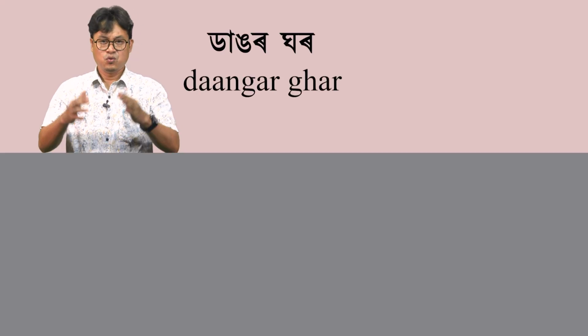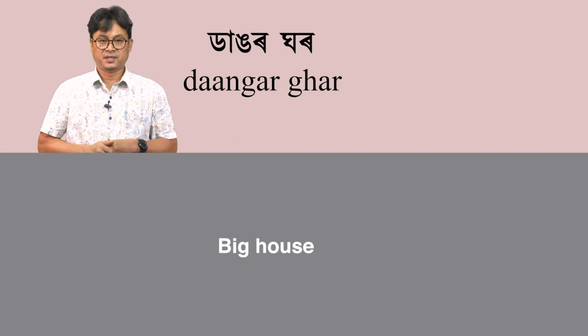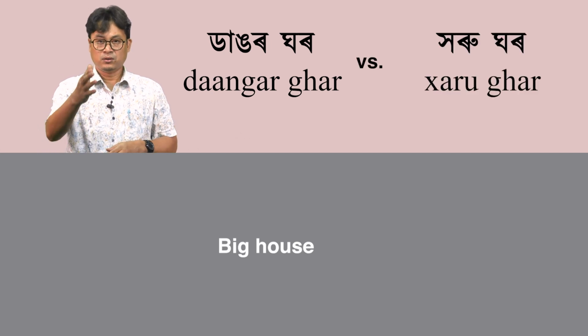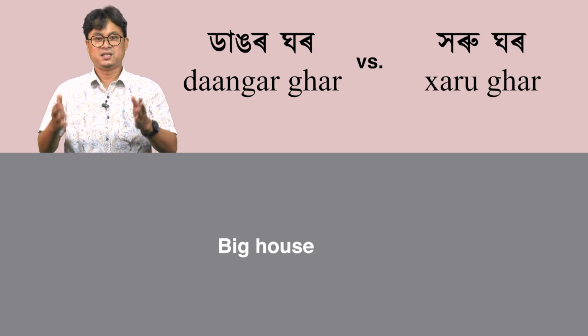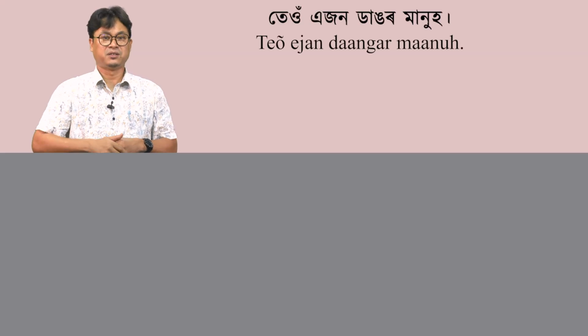In one context, it refers to physical size, as in dangor ghor, which means big house, versus horu ghor, means small house. However, in another context, it can refer to social importance, as in teo ejon dangor manu.